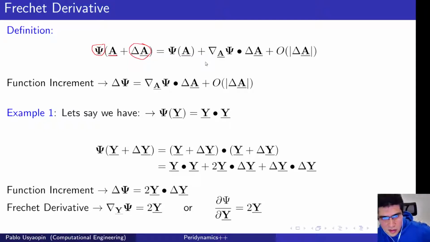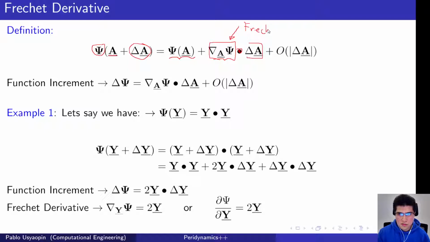And if, after doing this operation, you manage to express your increased function as your initial function of only A, plus some other function here, which is being multiplied, this is why the dot product, times this increment that you defined earlier, then by definition, this parameter here is called the Frechet derivative.